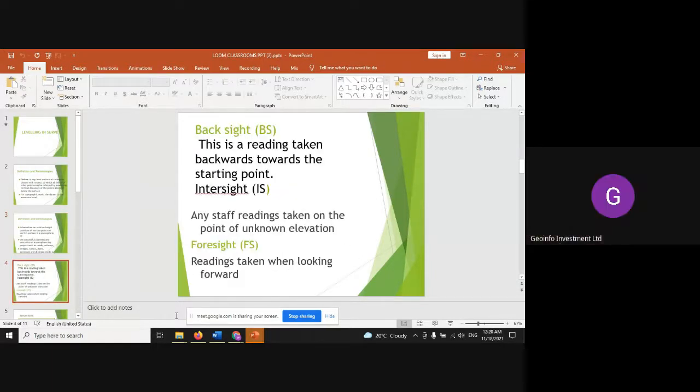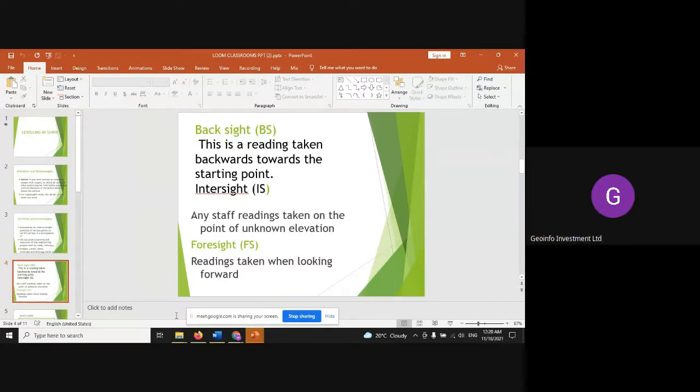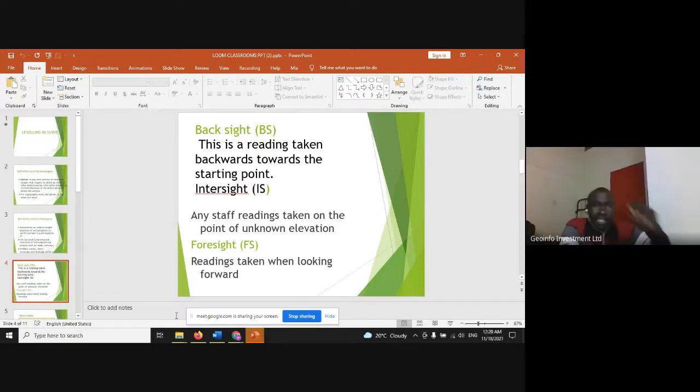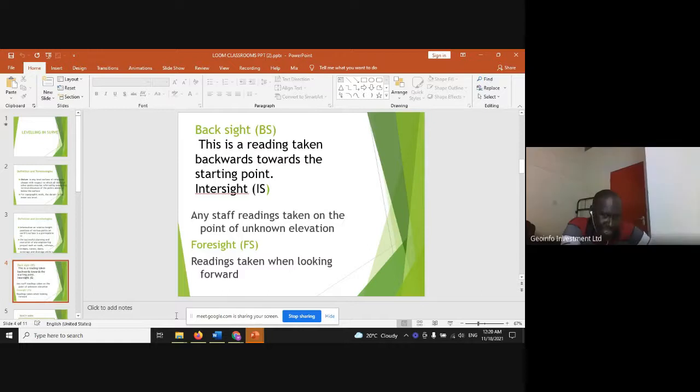Shiundu, what is backsight or BS? Okay, a BS is the first reading taken from a point of known elevation. That is correct.